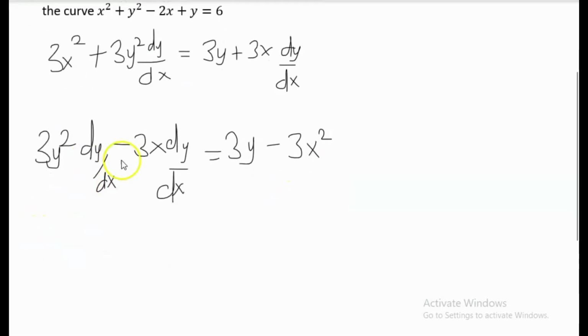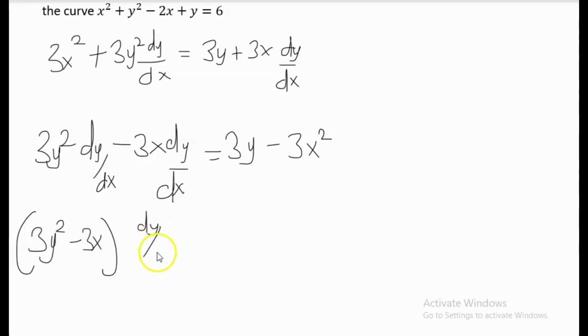Okay, so now you bring out dy dx, so we have 3y squared minus 3x, everything multiplied by dy dx. Okay, then you have this as well, 3y minus 3x squared.